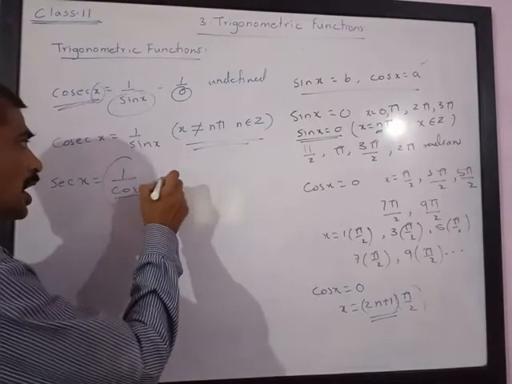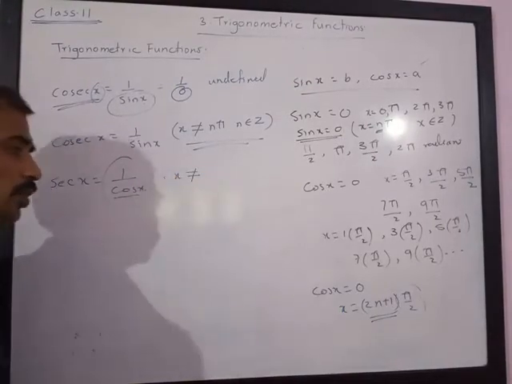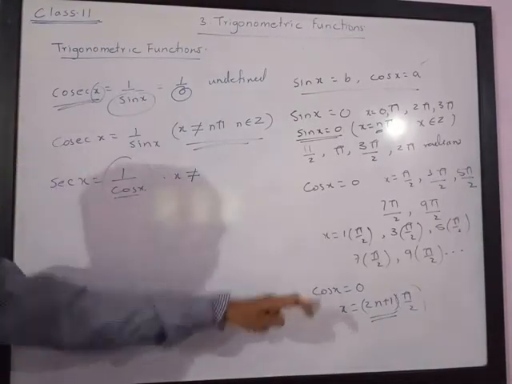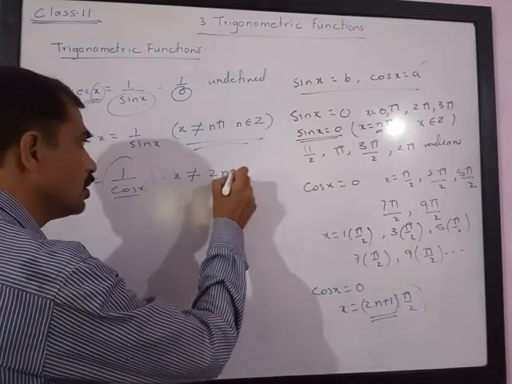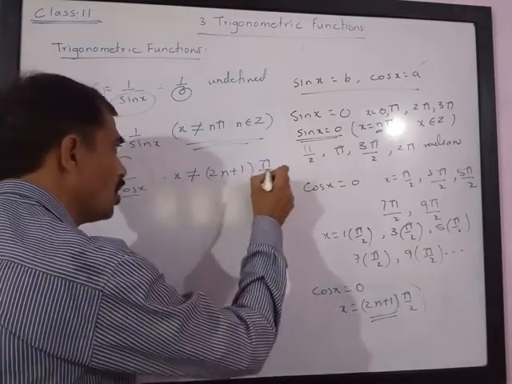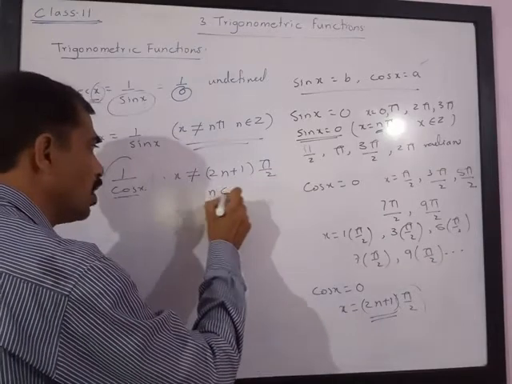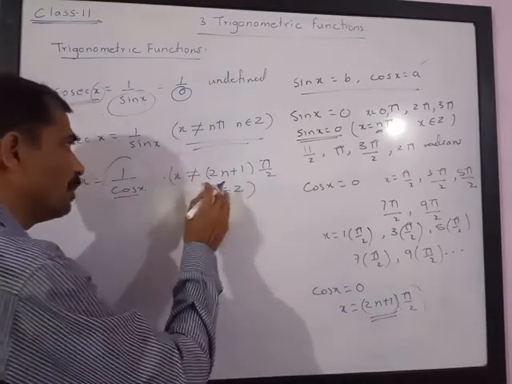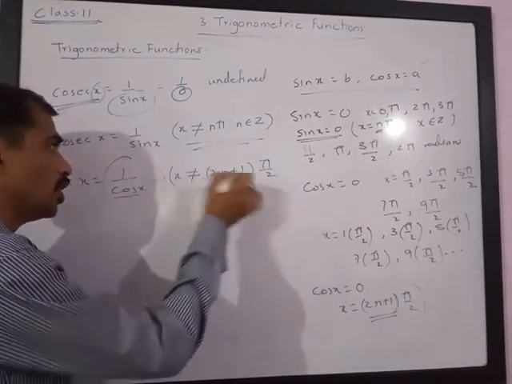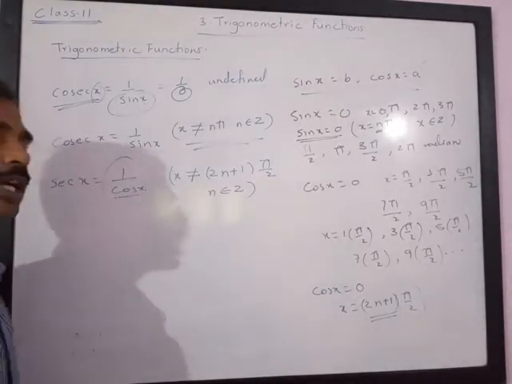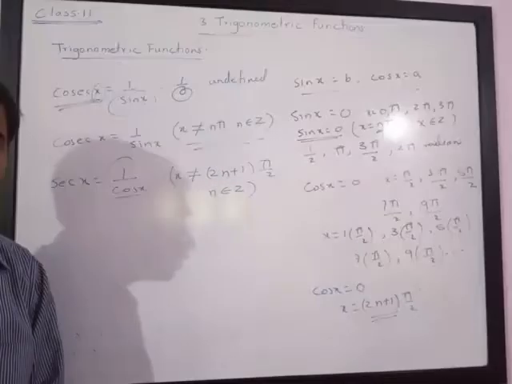It means here x must not be equal to (2n plus 1) pi by 2, that is odd multiples of pi by 2, where n belongs to integers. n can be any integer, but if x is equal to this, then sec x value becomes undefined.